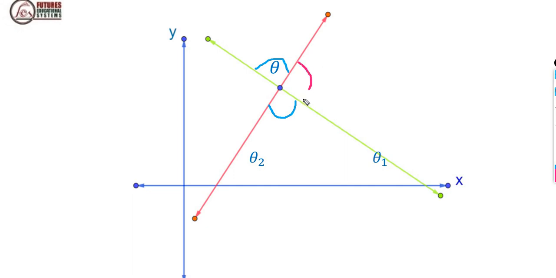And this angle is supplementary: if we have theta 3, then theta 4 is supplementary with theta 3. Theta 3 equals theta 3 vertically opposite, and theta 4 equals theta 4 vertically opposite and supplementary with theta 3.